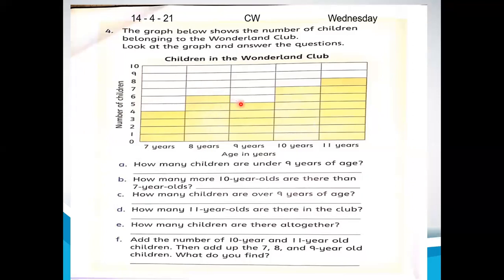See, 5 students. 5 students are under 9 years of age. In the same way, you can see that how many students are under 10 years age? 7. And in the same way, you can see that 8 students are under the age of 11 years. Okay.